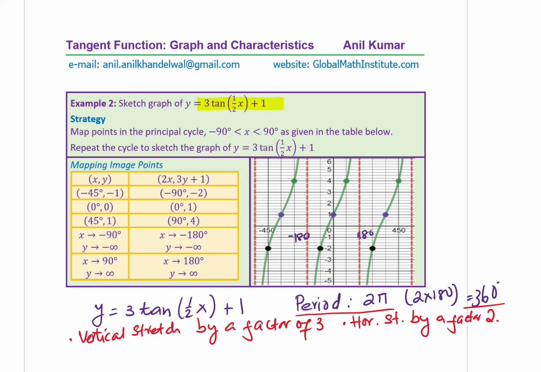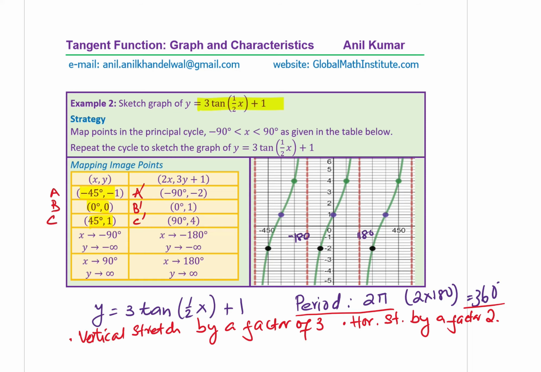Now let's look into the mapping diagram itself. The critical points which we are always going to take are these 3 points. Normally, I prefer to call them A, B, and C, right? And these are the images A dash, B dash, and C dash. So the mapping will be that the x values will get multiplied by 2, that is the horizontal stretch by a factor of 2.